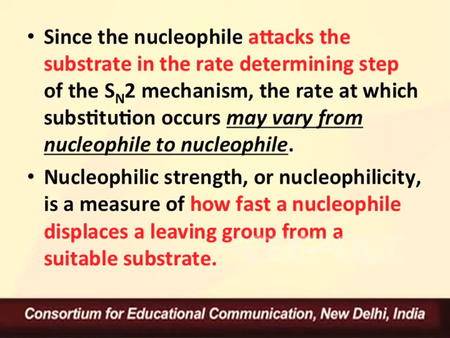In other words, nucleophilic strength or nucleophilicity is a measure of how fast a nucleophile displaces a leaving group from a suitable substrate. So now we have to look into what are the good characteristics of a nucleophile, or what is it that will make a certain species a good nucleophile.